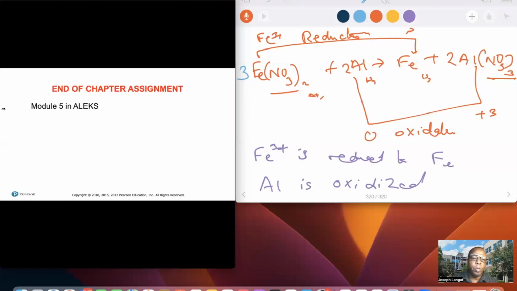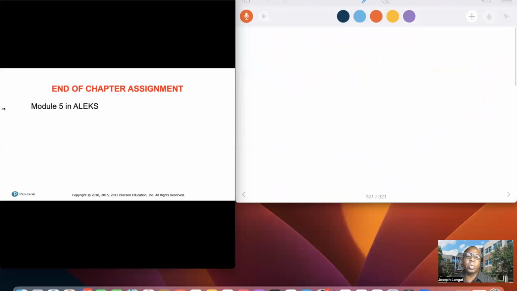Now, before you look at module 5 in ALEKS, I want to solve one more problem on single replacement reactions, in particular a reaction which produces a gas. The example is Fe plus HCl. The reason I want to do this is that you'll see this kind of equation in the lab.